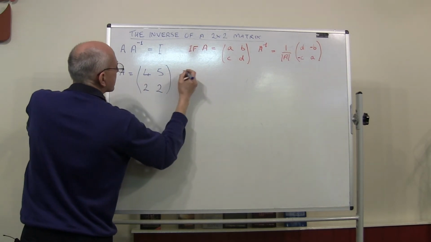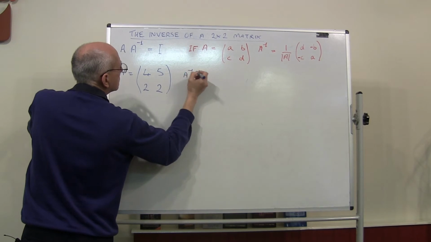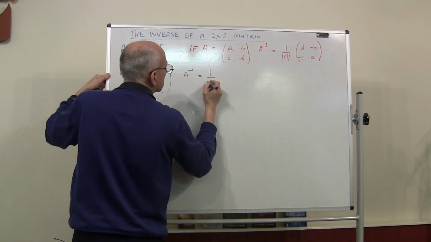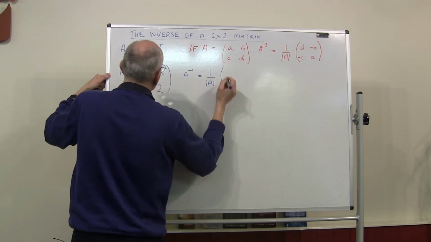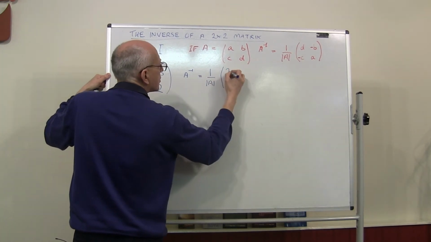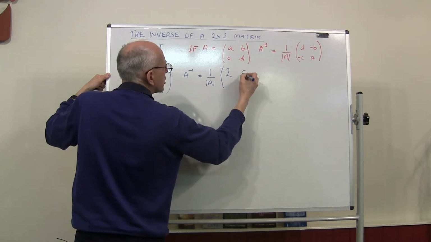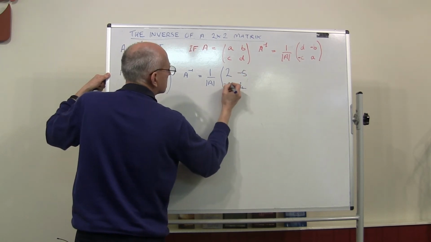So the inverse of that is going to be 1 over the determinant of A times, so swap these two around, 2, 4, and then these you swap the signs around.